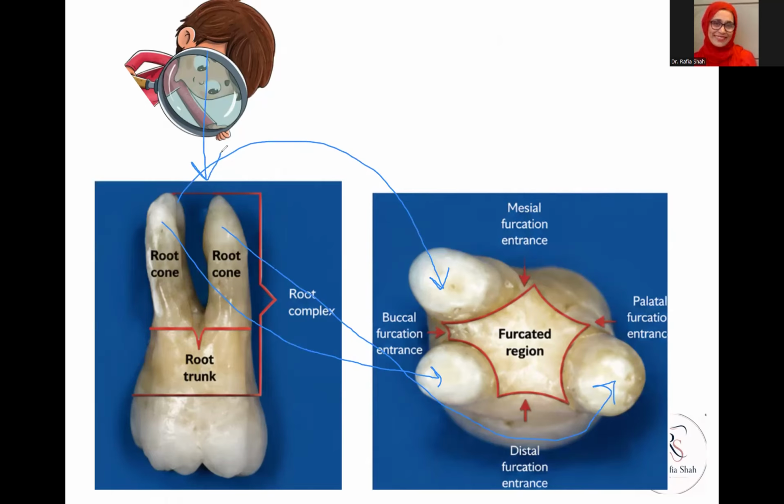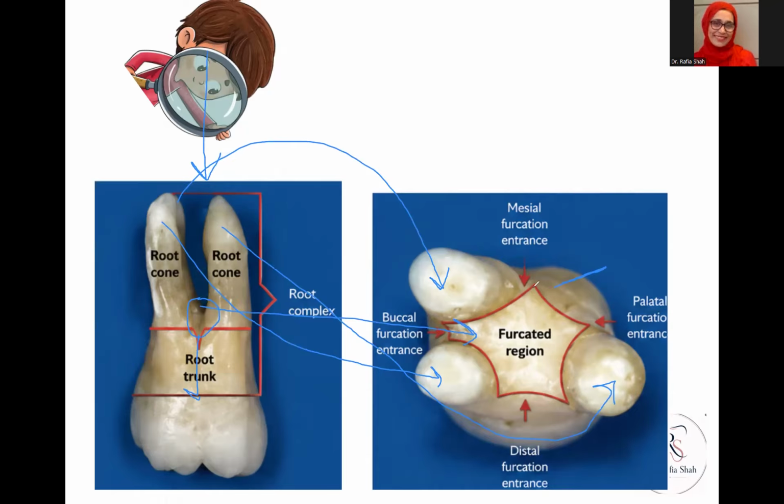When I see from the top, I see there is a different sort of anatomy present. The trunk is somewhere here, this is the region of the trunk, and this is the floor of the trunk.